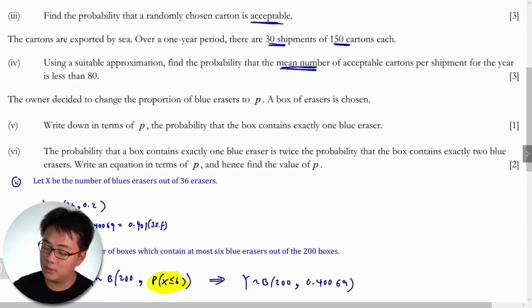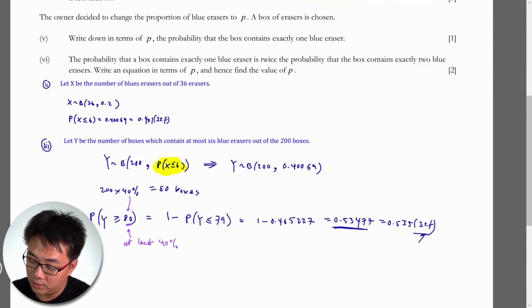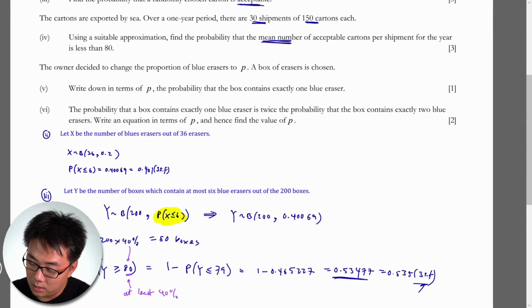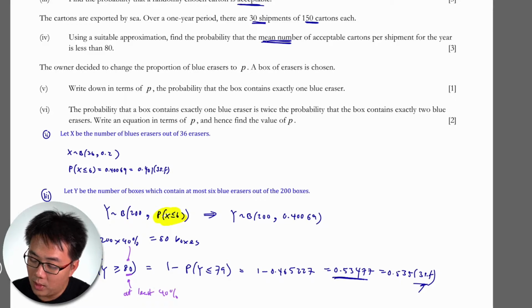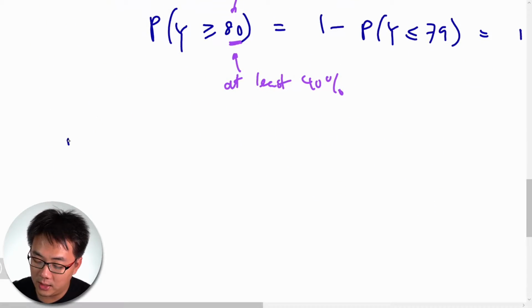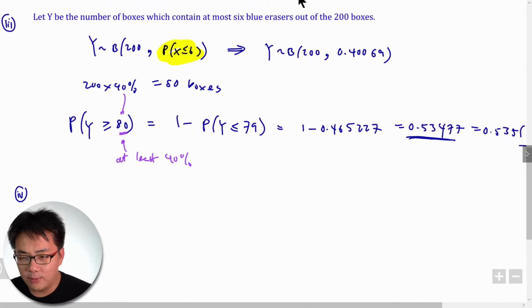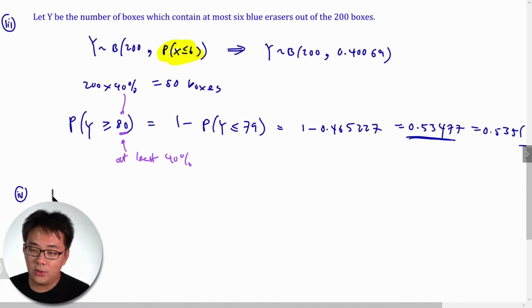Let's see how we do that properly. Then you want to find the mean number. So I'll just do this straight. We define the binomial distribution of the cartons, whether they are acceptable or not.